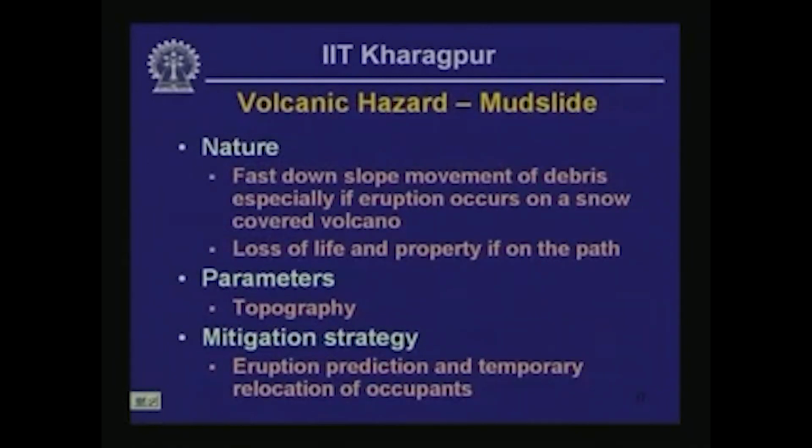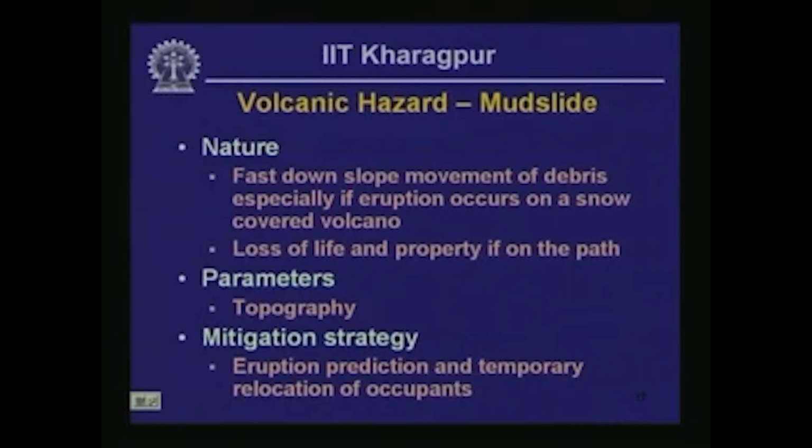Third type of volcanic hazard, this one is due to mudslide. This is a typically fast downslope movement of debris, rock fragments, and soil mixed up with meltwater, and this especially happens if an eruption occurs on a snow-covered volcano.